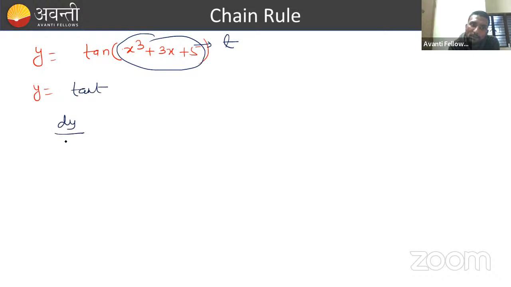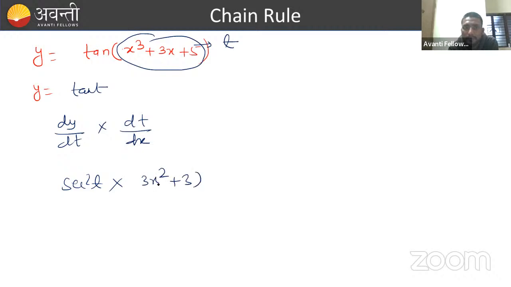I will find dy by dt and then dt by dx. What is dy by dt? It is tan t, so I can write sec square t. And what is dt by dx? It is x cube plus 3x plus 5, so I can write 3x square plus 3. And in place of t in sec square t, I will write x cube plus 3x plus 5, into 3x square plus 3.